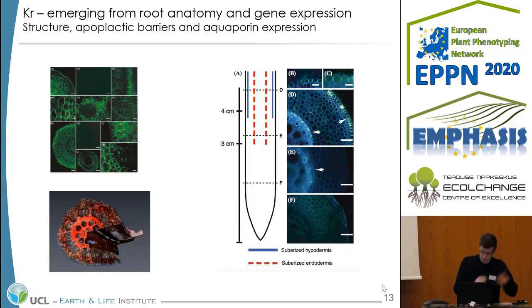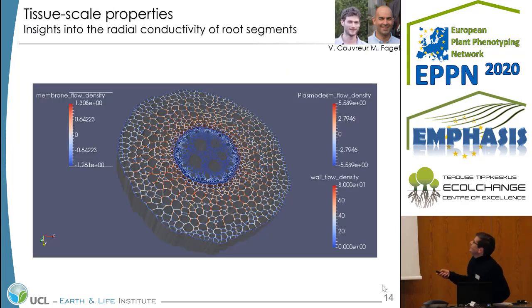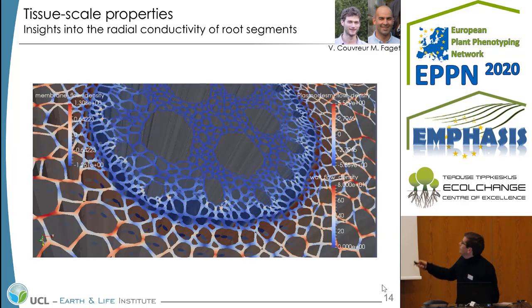Okay, if we want to talk solute, it will not be here. So Valentin Couvreur and Marc Faget have designed a model that has an explicit representation of the root cross-section. This is a digitalized version of a maize root using a software from Nottingham. At every compartment, at every cell position, we have membranes, we have walls, and we have plasmodesmata.